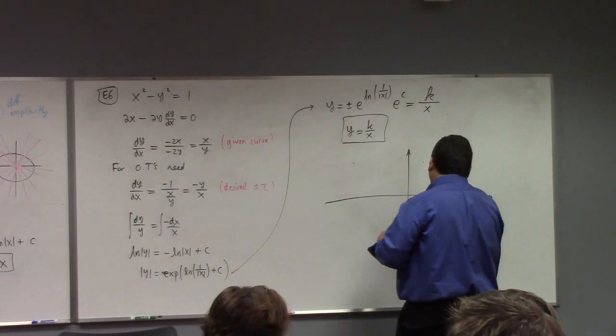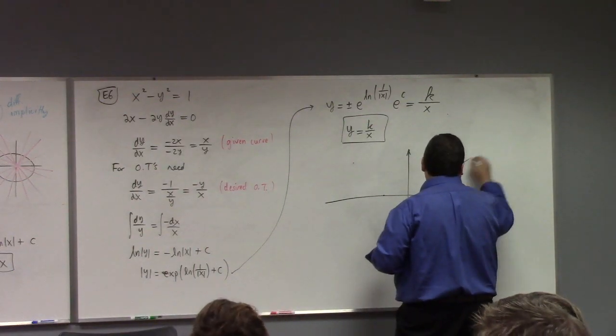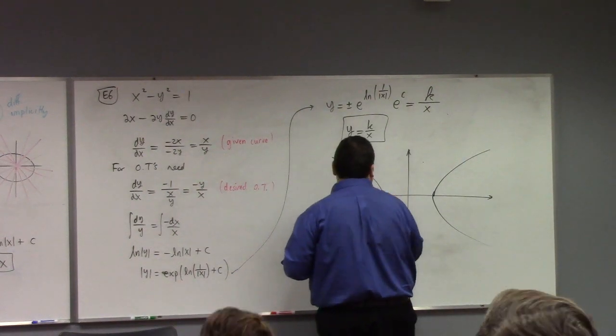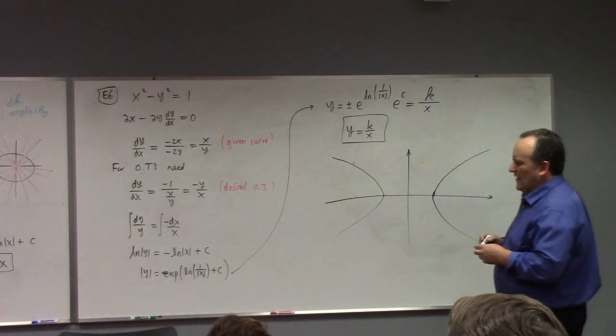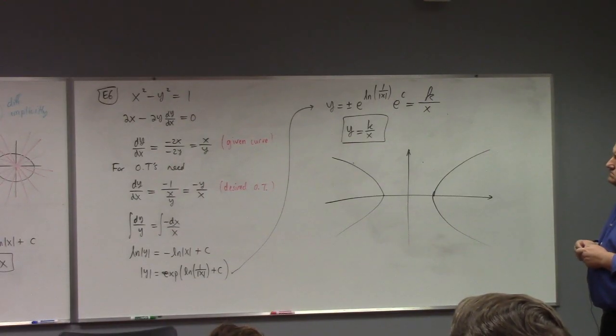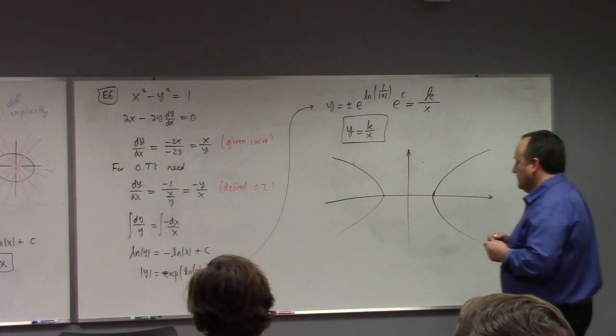It turns around at x equals plus or minus 1, and it looks something like this. Yeah, y equals 0 gives me plus or minus 1 here.